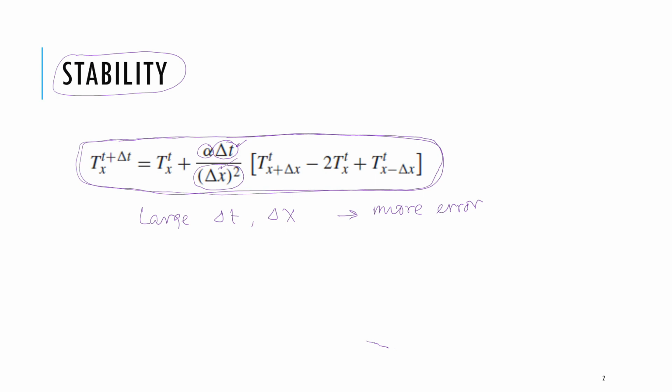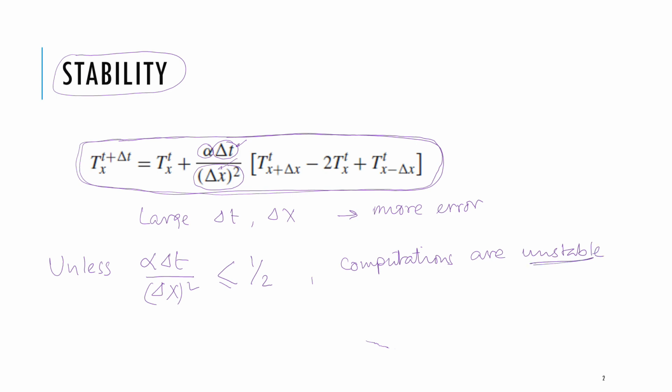And unless you satisfy the condition alpha delta t over delta x square less than or equal to half, unless this is true, the computations are unstable.